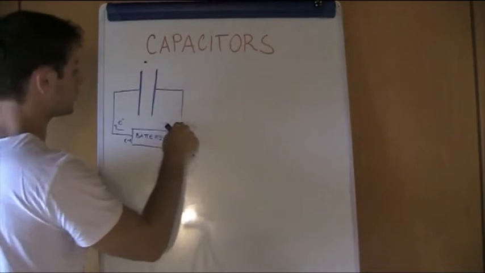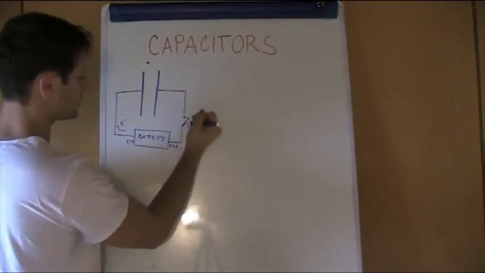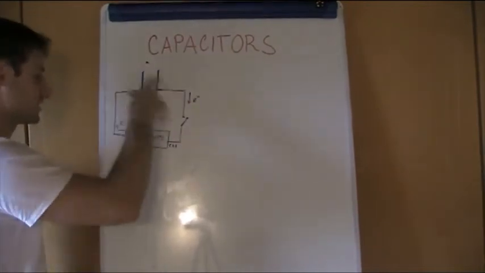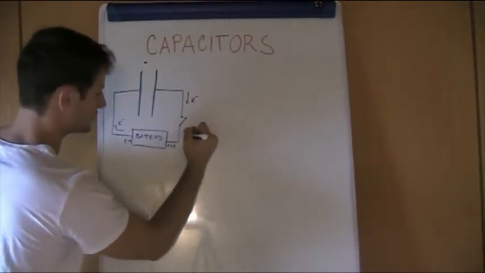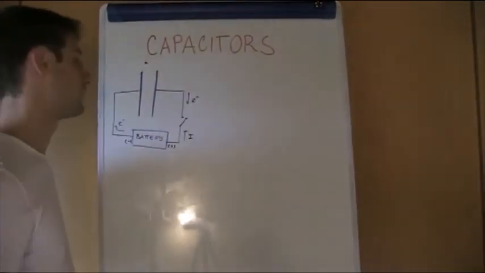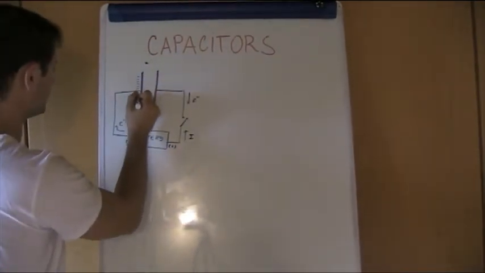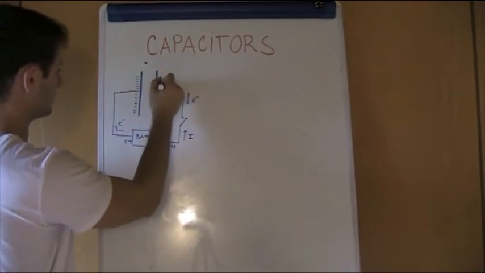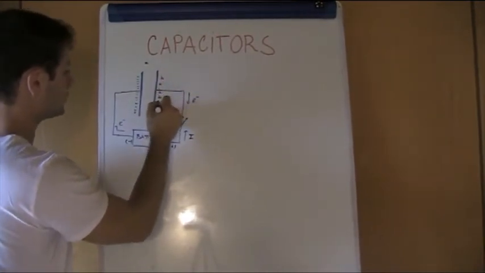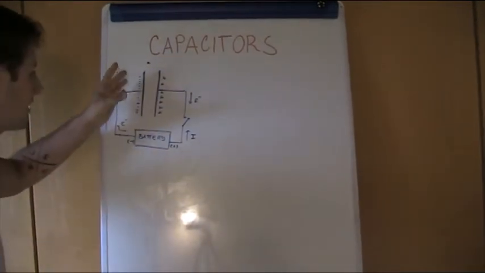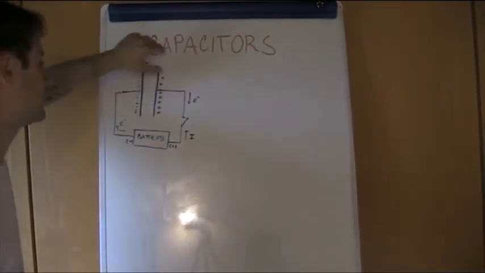In the moment in which we close the circuit, the current starts to flow, in the opposite direction with respect to the flow of electrons by convention, and we have negative charging of this plate and positive charging of this one.